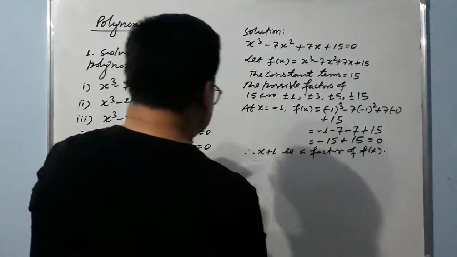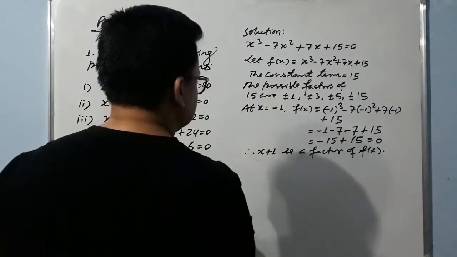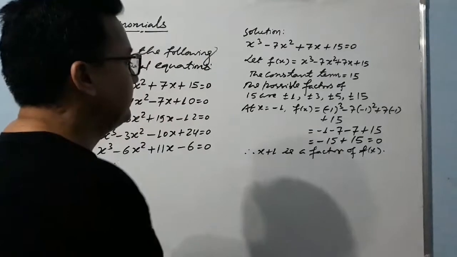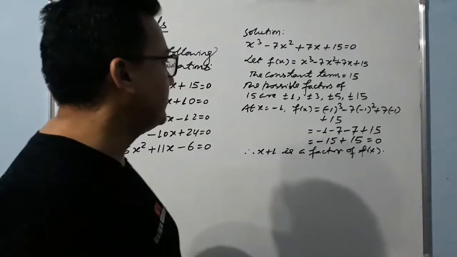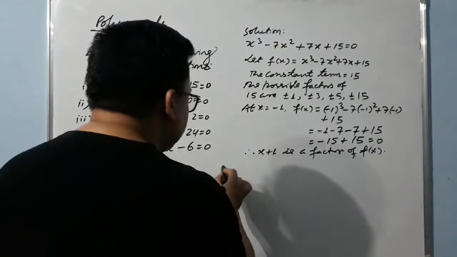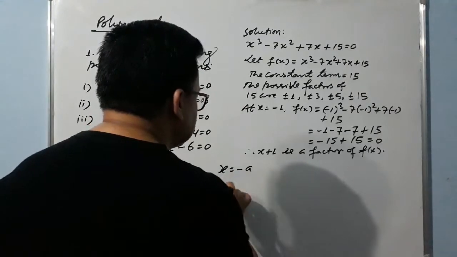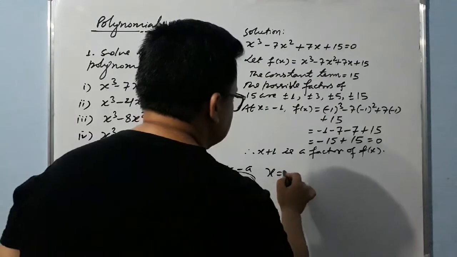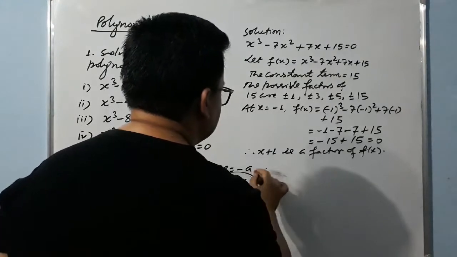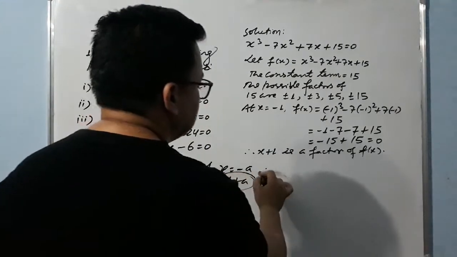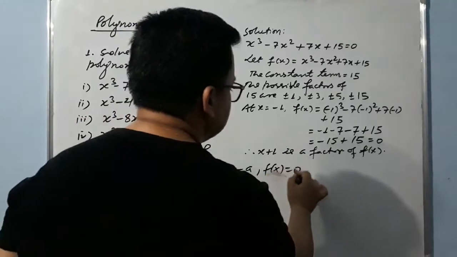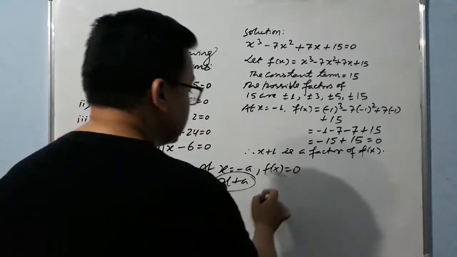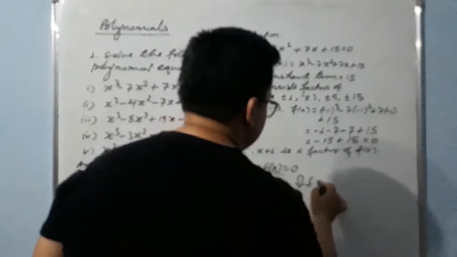So here also, by the factor theorem we can say x plus 1 is a factor of f of x. Simply, if at x is equal to minus a, f of x is equal to 0, then x plus a is a factor of f of x.